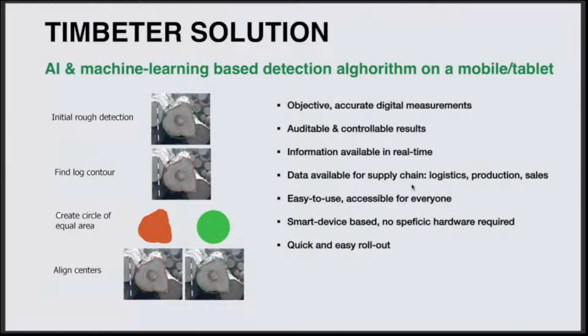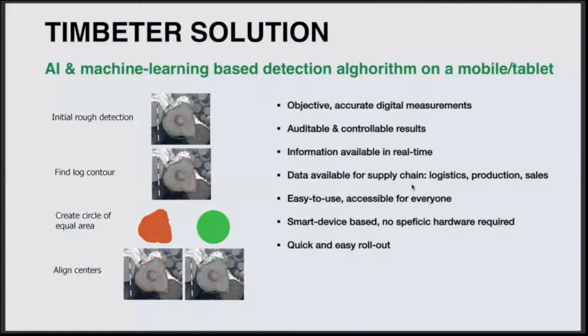The initial rough detection detects the log, then the log is contoured, and after the contouring it is made into a perfect circle, and you will get an accurate diameter of the log.